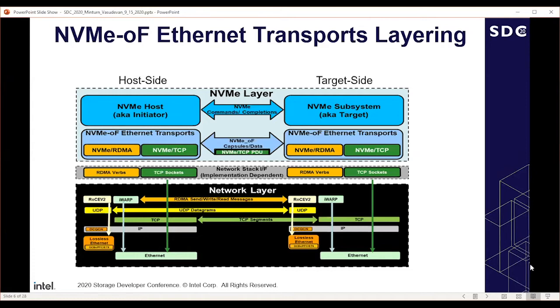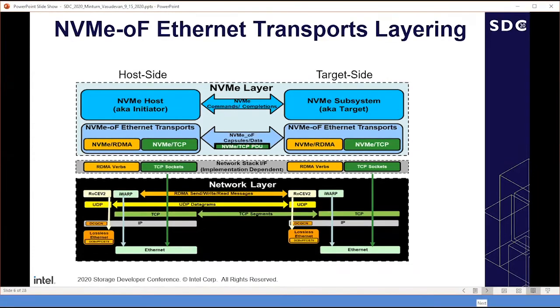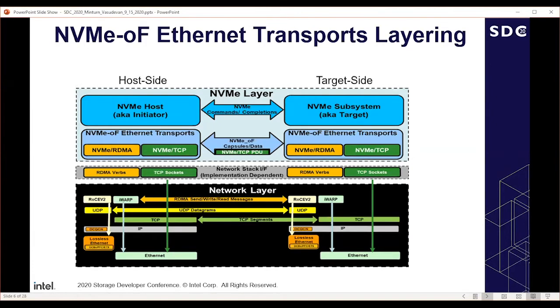So for Ethernet, again, what you see on the left in the orange is the NVMe over RDMA, and then in the green is NVMe TCP, and the exchanges are done between the host side and the target side. As you drop down, you see RDMA verbs is how the RDMA layer talks to the hardware down below, down into the network layer.